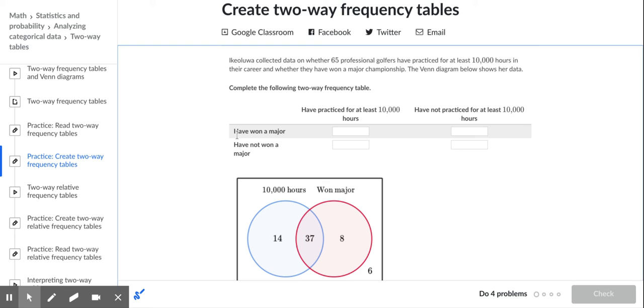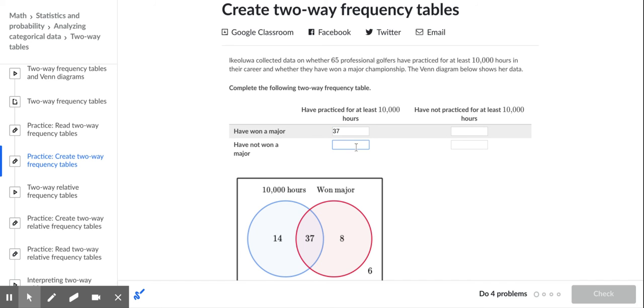So we want ones that have won a major championship and practiced for at least 10,000 hours. That's this first one, right? Both of these things. That's this spot right here. Both of those things. So 37. Have not won a major championship, but have practiced 10,000 hours. That would be this one, right? Not in the red circle, but in the blue circle.